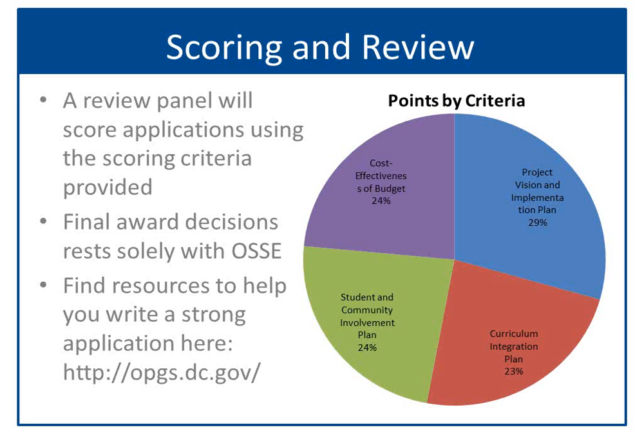We do look at things like geographic preference, free and reduced lunch, and equal distribution between DCPS and charter schools. So at the end of the day, the review panel may say one thing, and we may have to slightly modify it to make it equitable. The final award decision does rest with OSSI, but we really do mostly stick with what the review panel says.